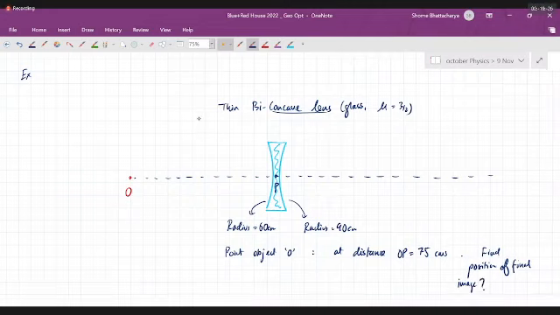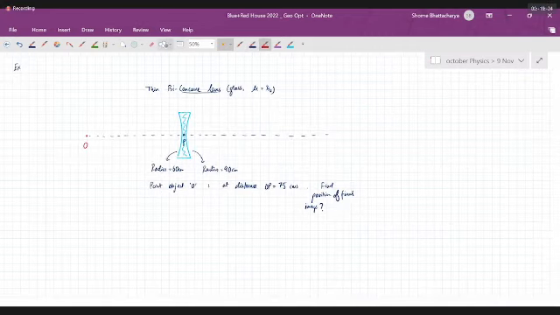What we'll do is understand this as two back-to-back refractions at spherical surfaces, and we'll use the same sign convention for it.